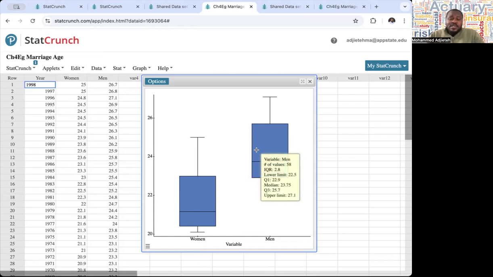From here, we can see that our distribution is slightly skewed to the right. And we did that by looking at just the box plots. Now look at the median. If it's symmetric, it should be somewhere in the middle.